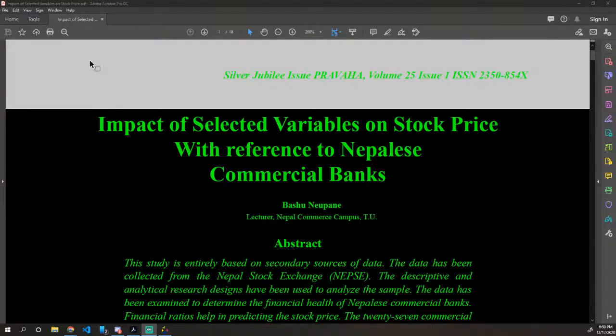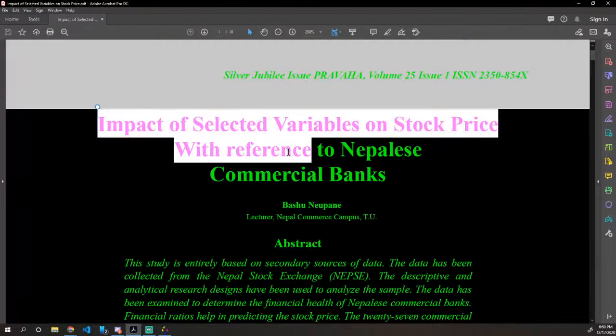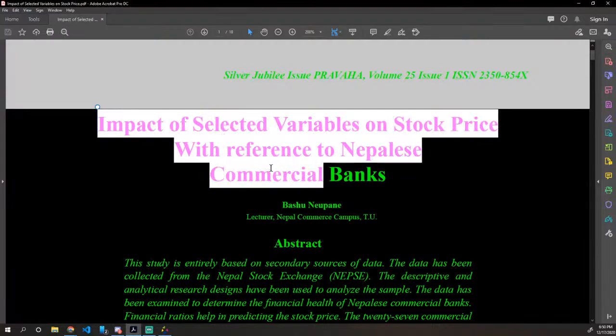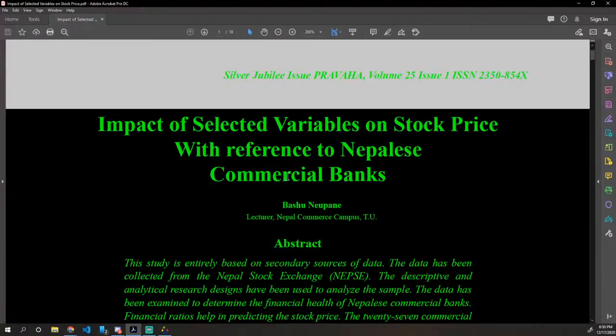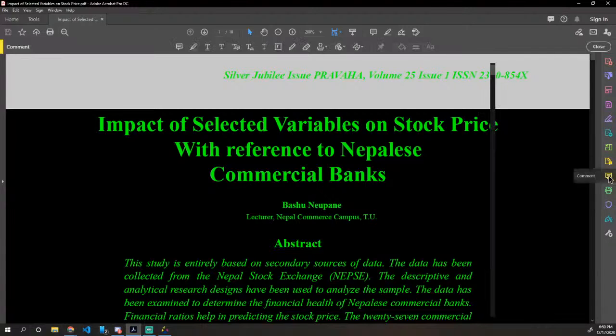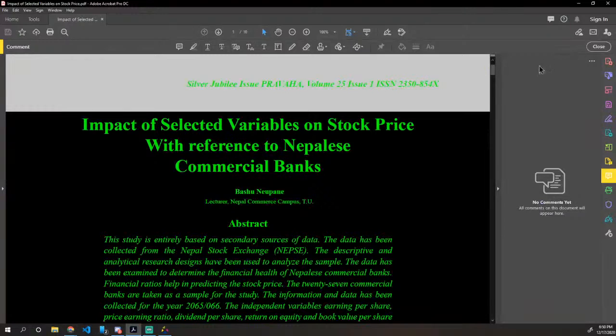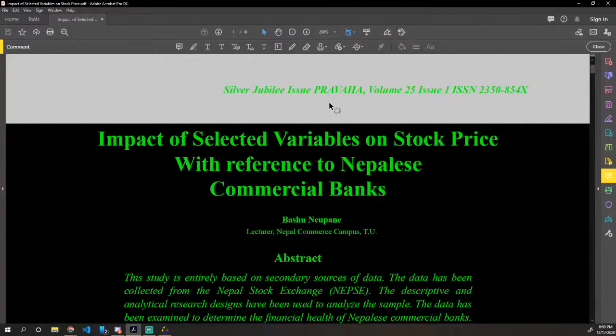Okay, so what do we have here? Impact of selected variables on stock prices with reference to Nepalese commercial banks. I need to comment out a few things. Where is the pen?